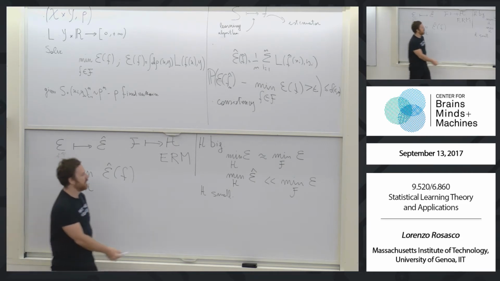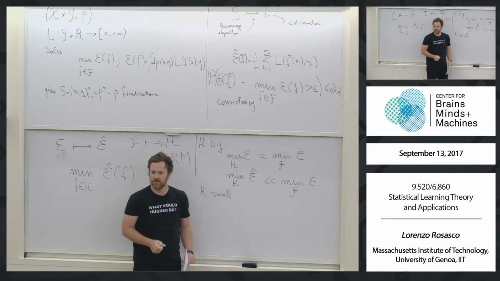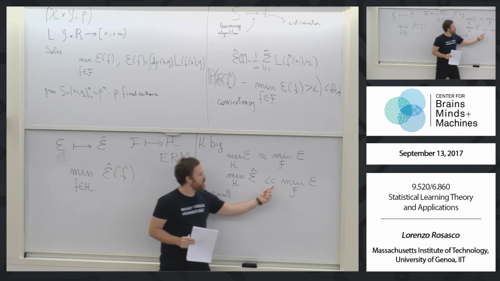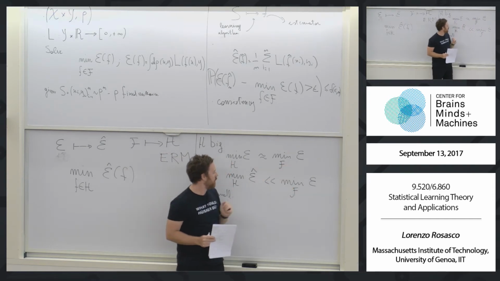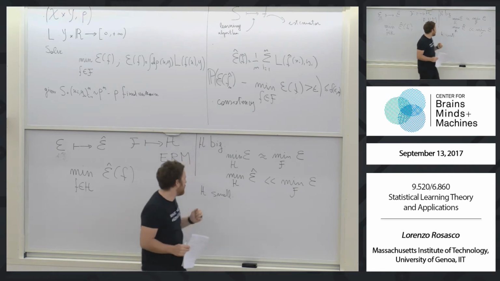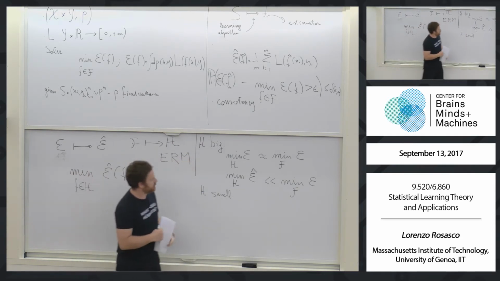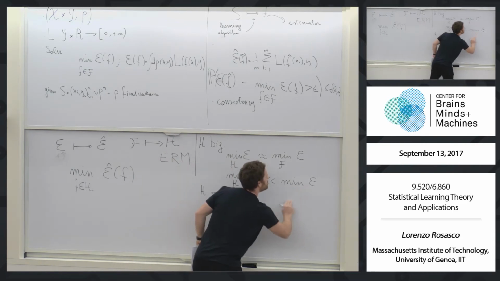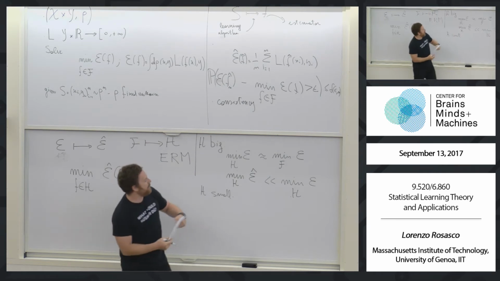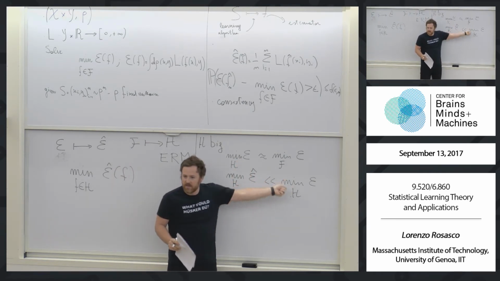If you take H to be very small, these two things just get reversed, okay? If I take H to be very small, there is not much space to look for functions, and so I'm likely to find something on finite data that is the same I would find if you give me a lot of data. So I'm happy because my minimum over H is roughly the same, but what I do on data is much different, okay?